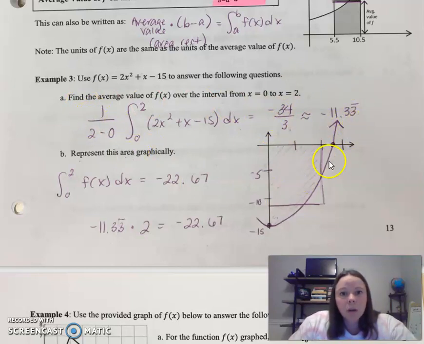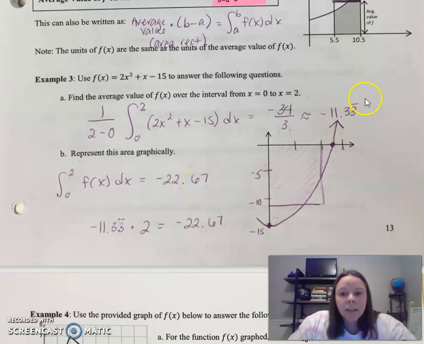So then here's a visual. To represent this area graphically, I graphed our parabola. There's our parabola here. And the area from the x-axis to the curve, you get negative 22.67.